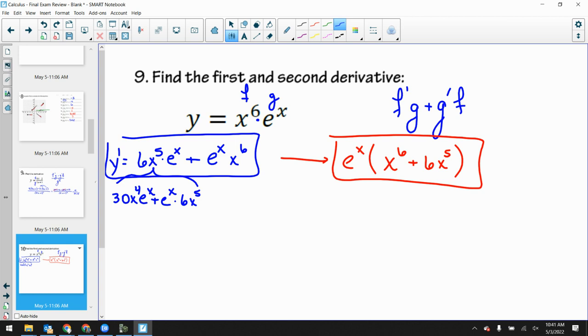Right? F prime g plus g prime f. Same thing here. Plus f prime, okay, f prime is just e to the x, g plus g prime, 6x to the 5th, f, e to the x.